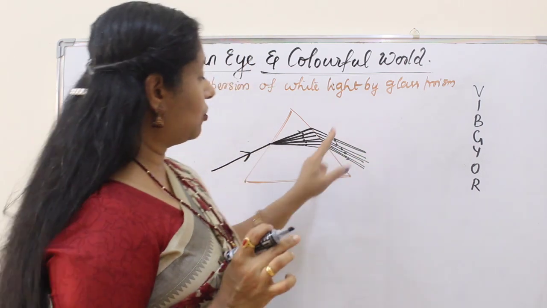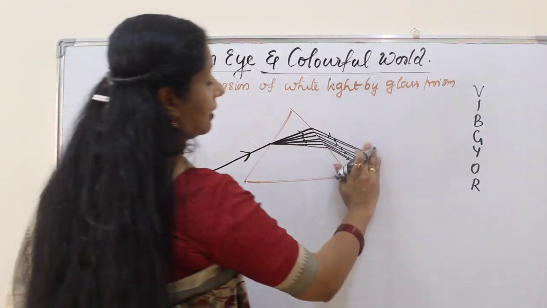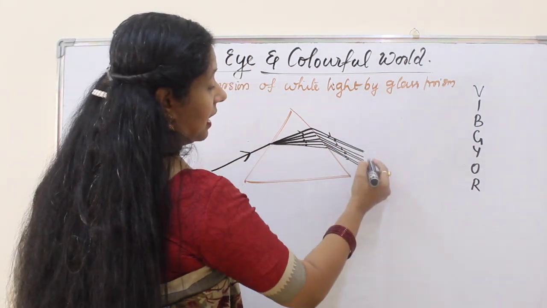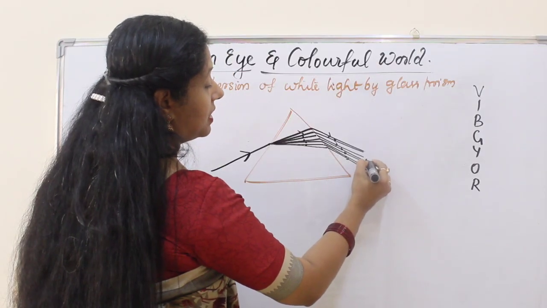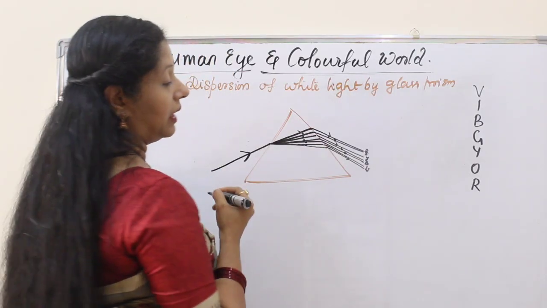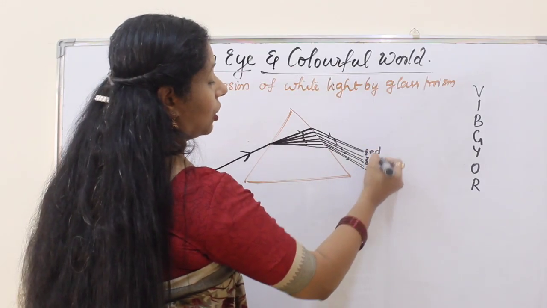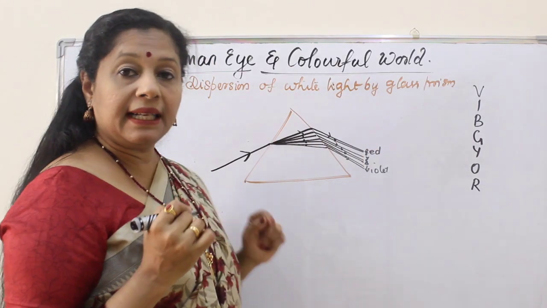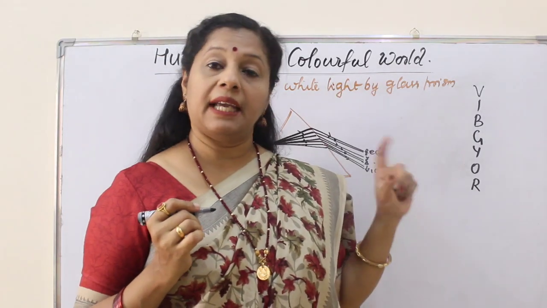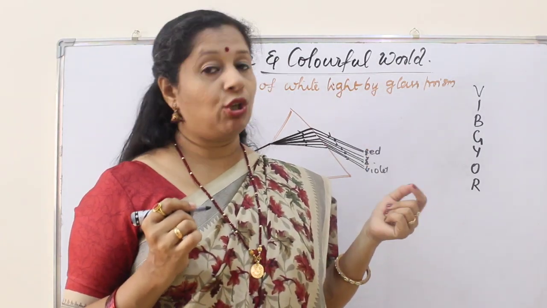But where to mark V, where to mark R? When we start, we have to start from the bottom. VIBGYOR. Okay, so red is at the top and violet at the bottom. Why is violet at the bottom and red on top? Can we write it the other way? No. Why?